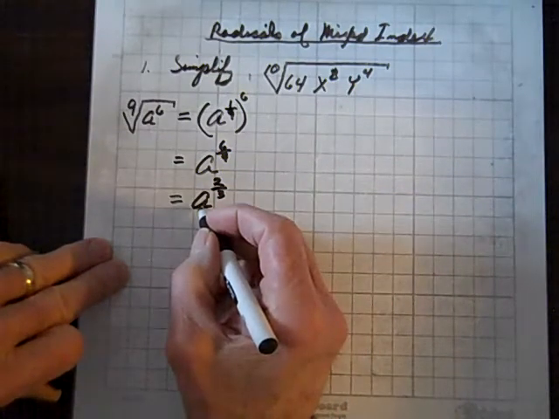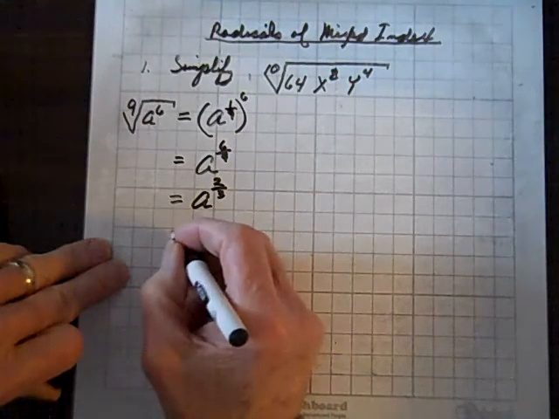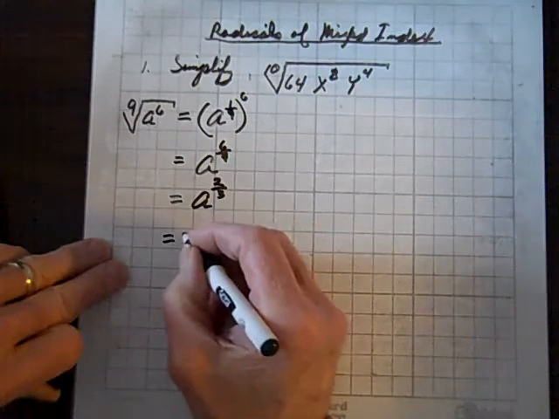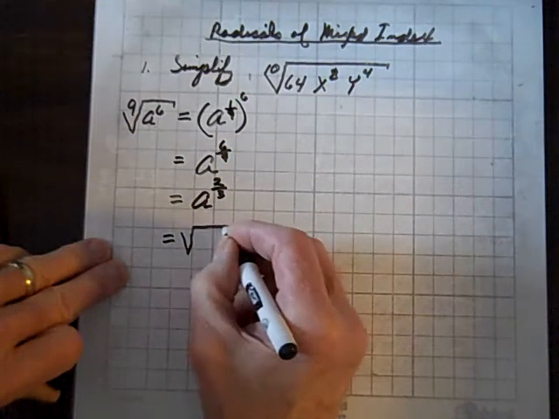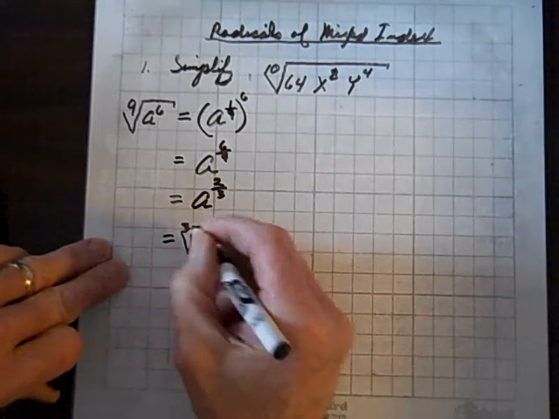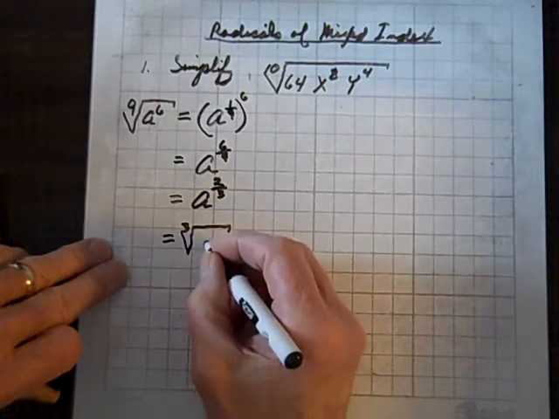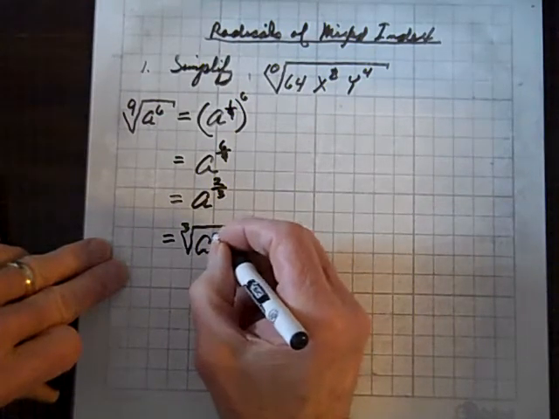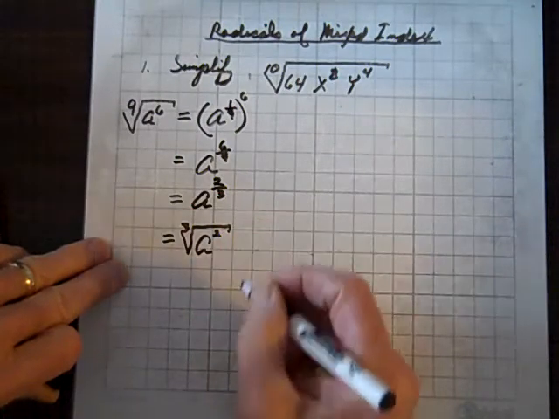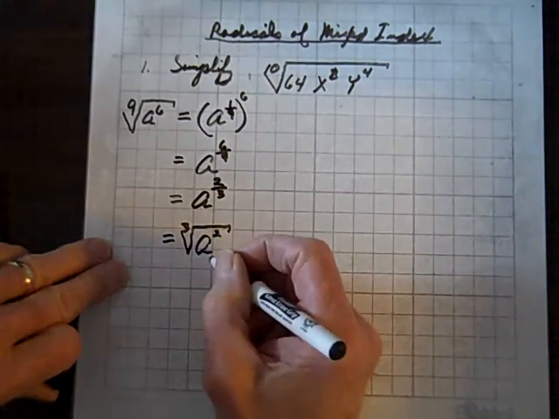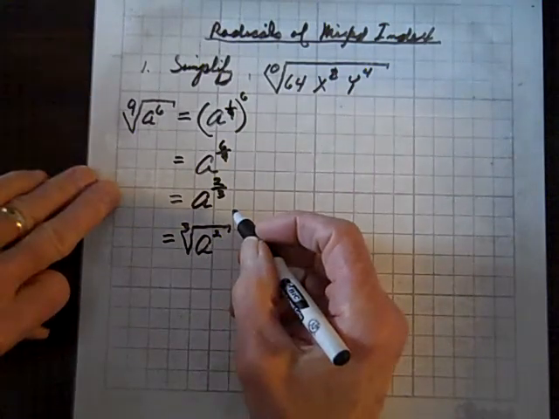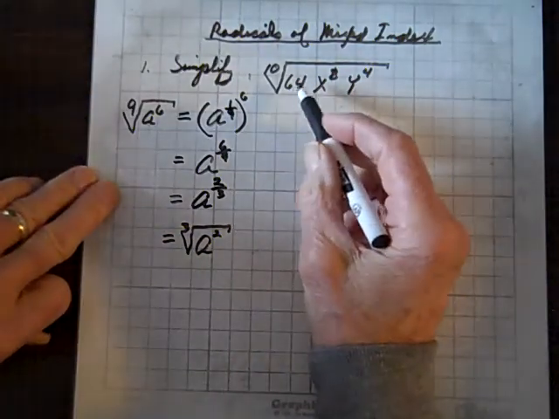Now we can rewrite this in radical form. And 3 represents the root, so the cube root of, and 2 represents the power that's on a, to the 2nd power.